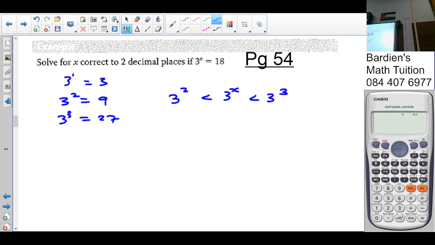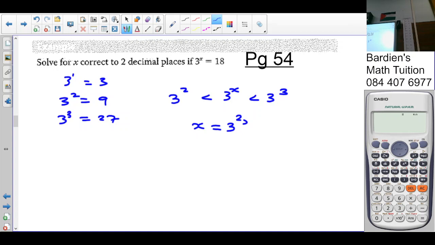So x can't be over 3 and it can't be under 2. It has to be between the 2, so it must be 2 comma something.